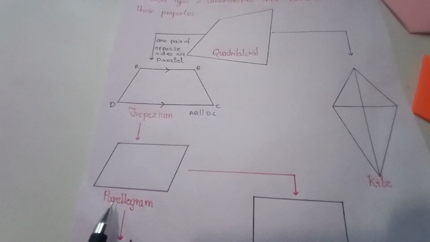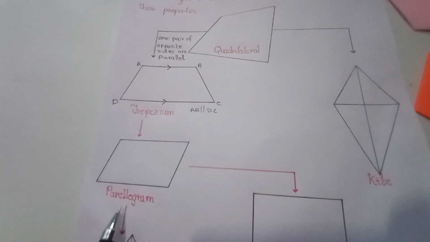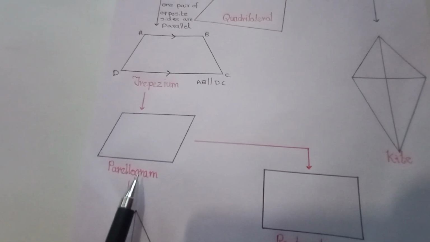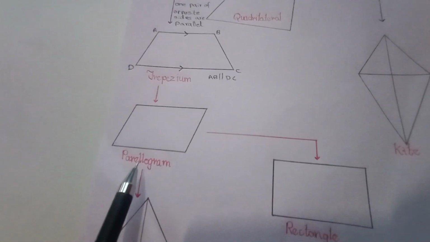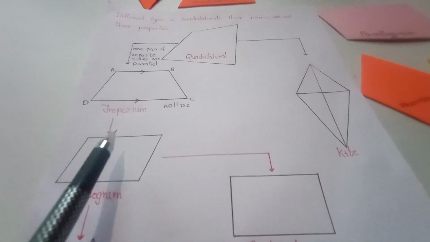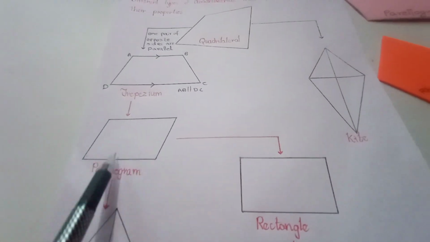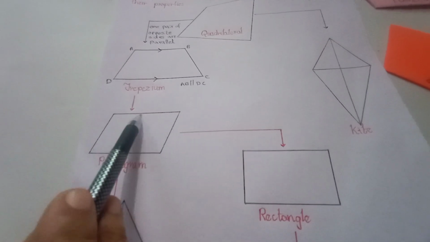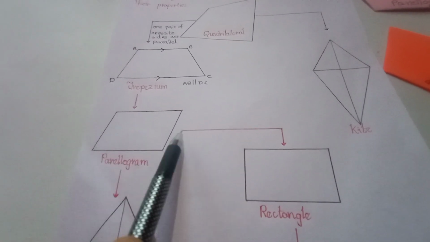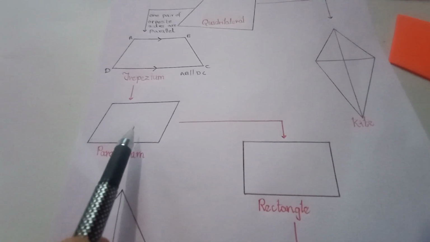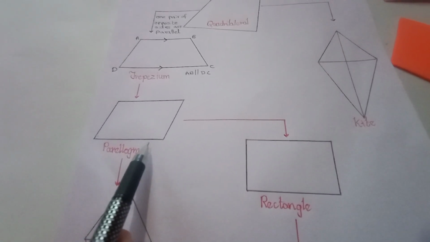See, another type of quadrilateral is the parallelogram. In this quadrilateral, both pairs of opposite sides, this pair and this pair, both pairs of opposite sides are parallel.